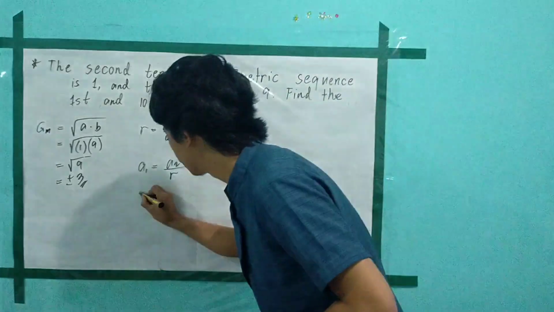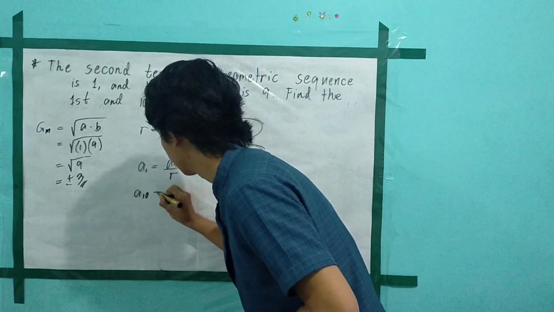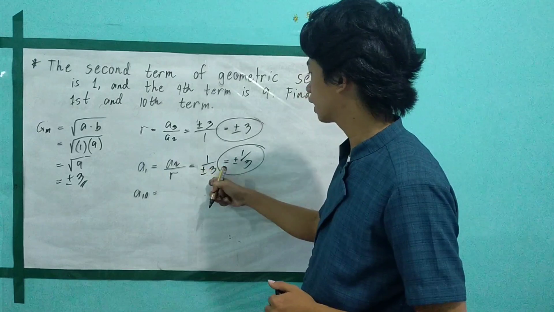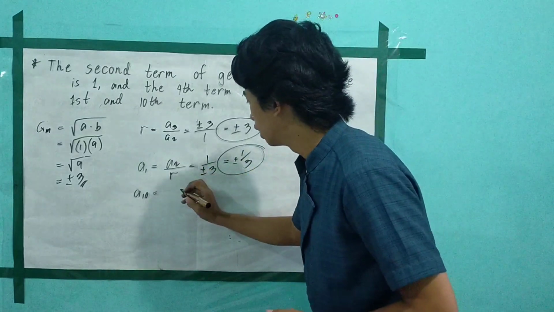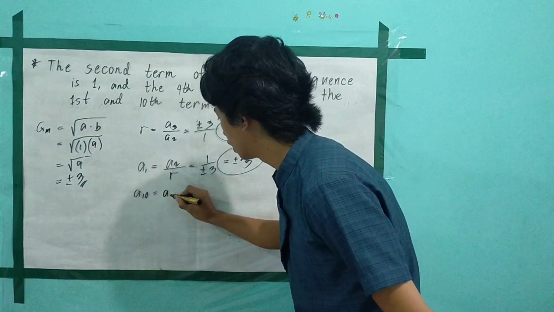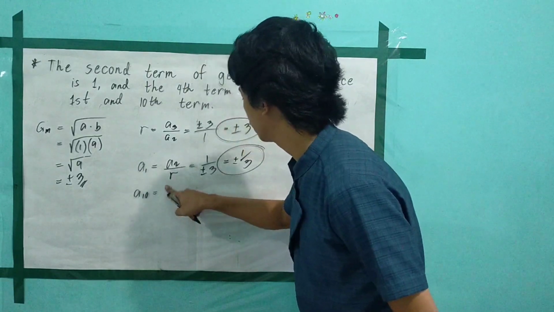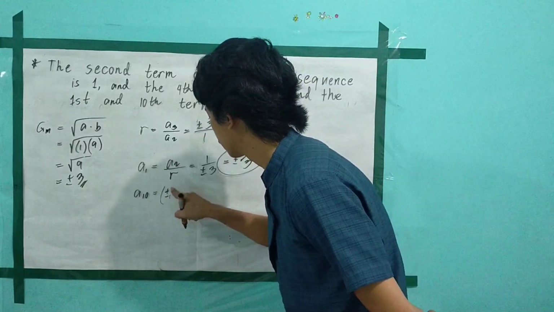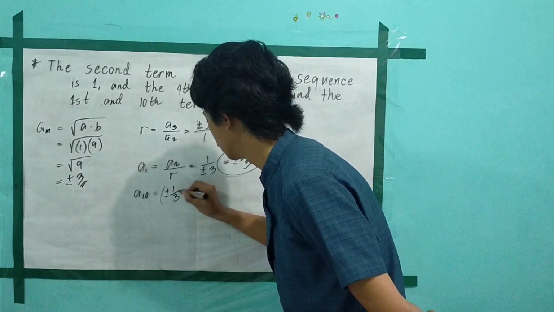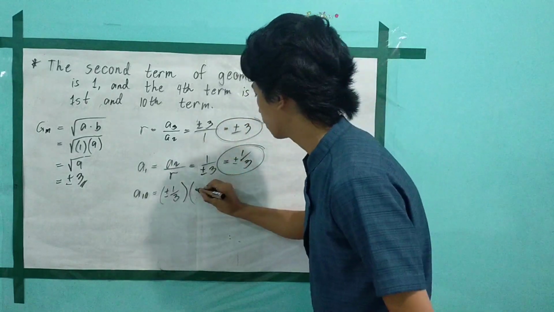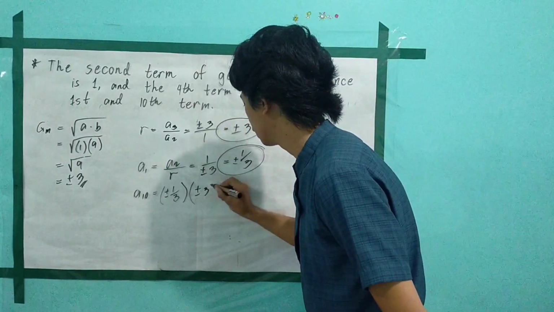Next, A sub 10. Ano yung A sub 10 natin? Gamitin natin yung formula. Since alam na natin ang A sub 1 natin, ito. Okay? So, A sub 1, ano A sub 1 natin? Palitan na natin, positive and negative 1/3, multiply to our common ratio, positive and negative 3.